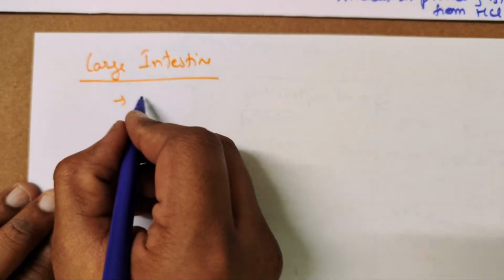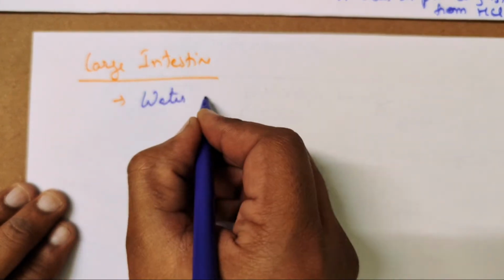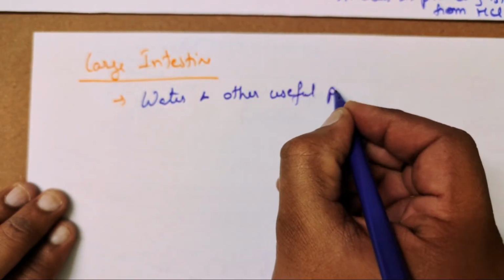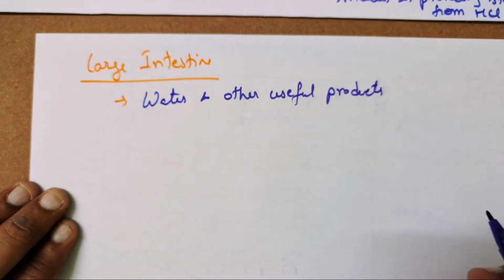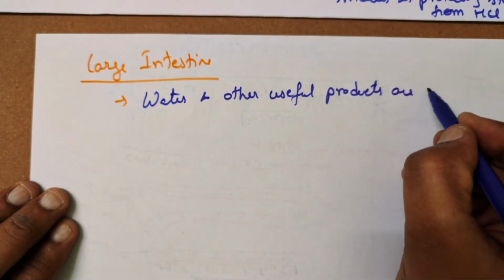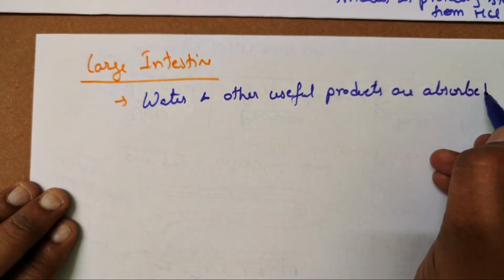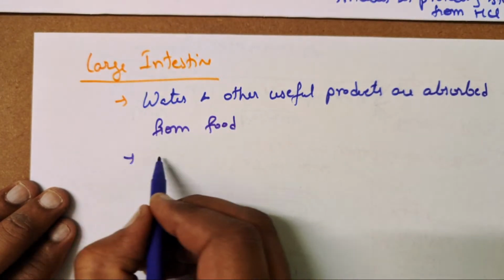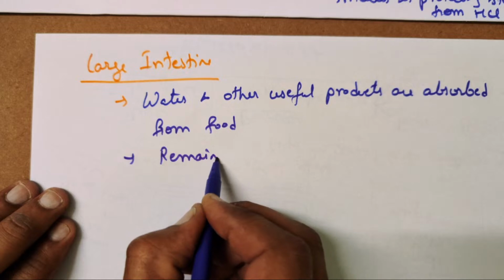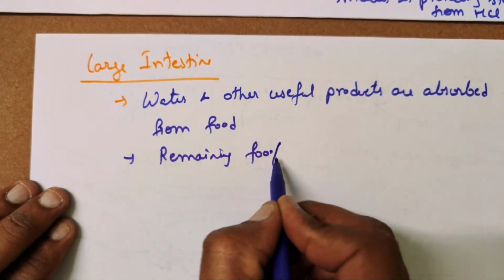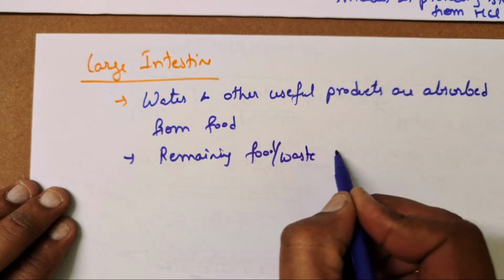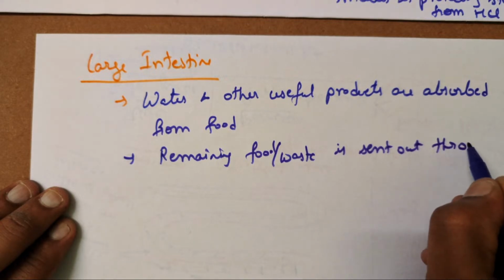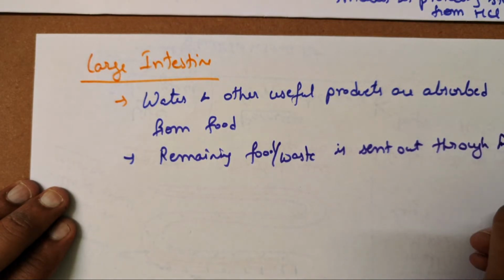In the large intestine, water and other useful products are absorbed from food, and the remaining food or wastage is sent out through the anus.